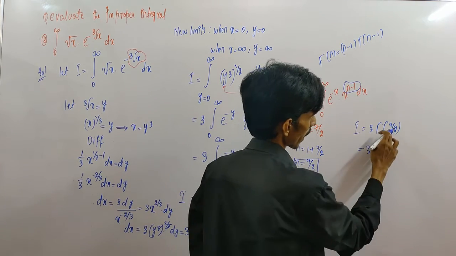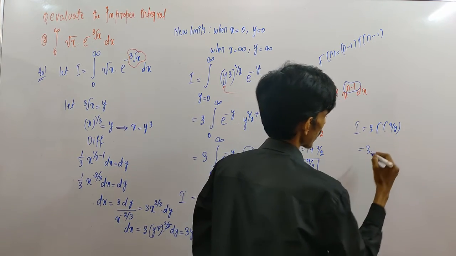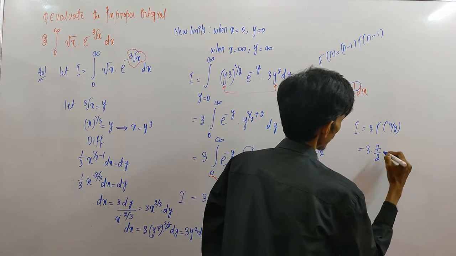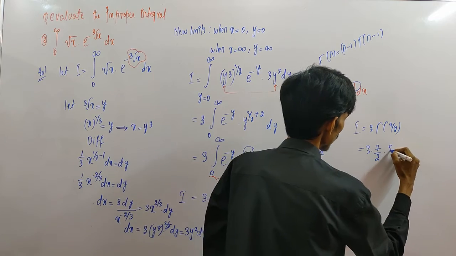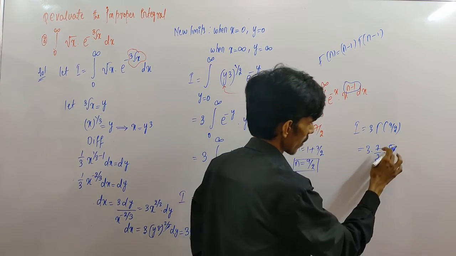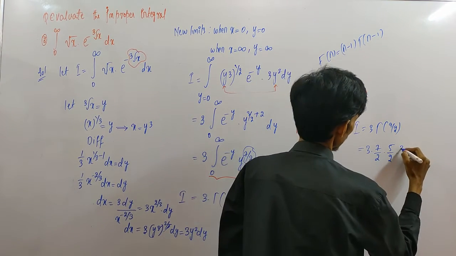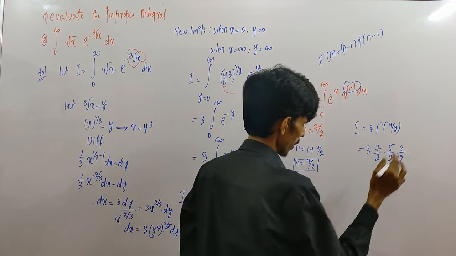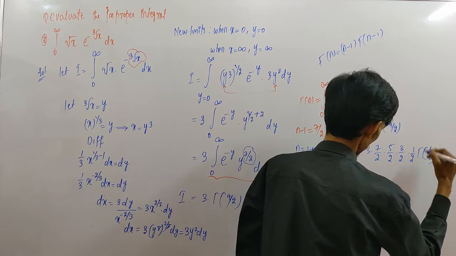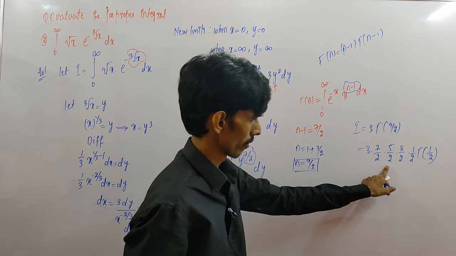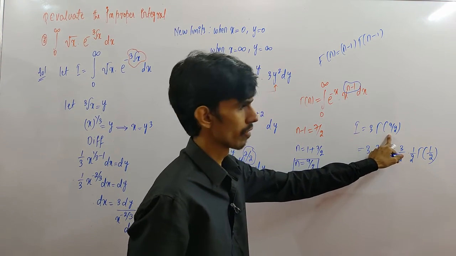Here 9 by 2 is there, so subtracting 2 from 9 we have 7, 7 by 2. Next 7 minus 2 we have 5, 5 by 2. Next 5 minus 2, we have 3, 3 by 2. Next 3 minus 2, we have 1, 1 by 2. Gamma of 1 by 2. This is the shortcut way of finding gamma of any variable n.